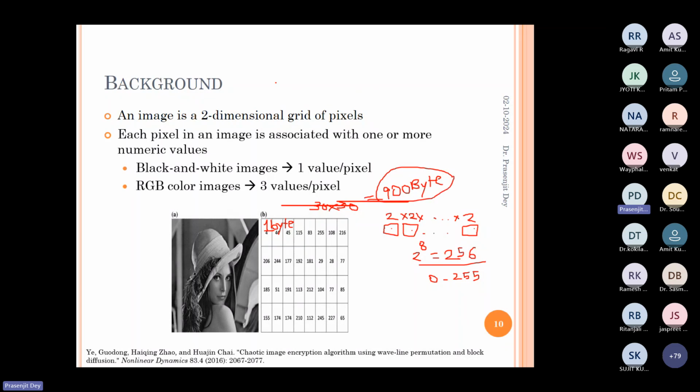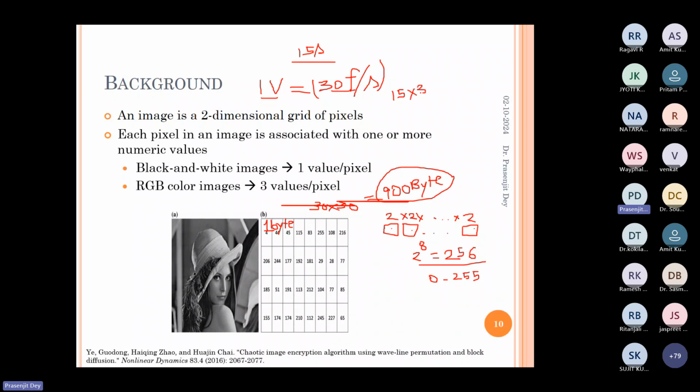Now if I want to consider a video, like one video having 30 frames per second, and suppose this video is 15 seconds long. So how many images will be there in this video? The video is 15 seconds, and each second contains 30 frames.